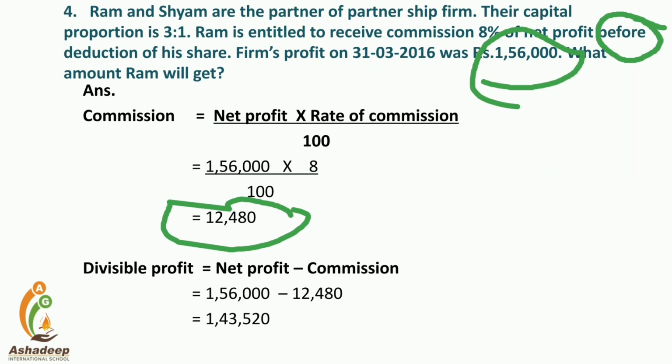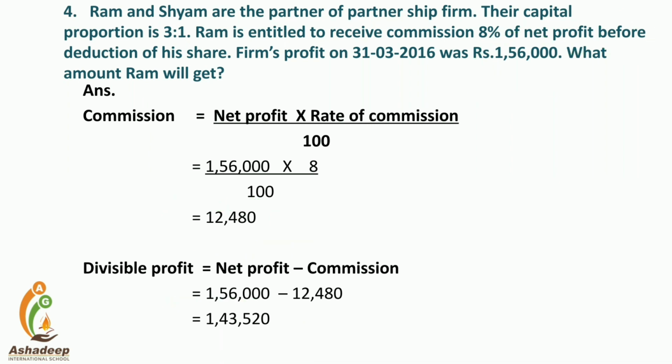Now what we have to do is find the divisible profit to distribute the profit among the partners. Net profit minus commission is the formula for divisible profit. When we put in the values, we find rupees 1,43,520. This is the value of divisible profit, and we know that we can distribute profit among the partners on divisible profit only.